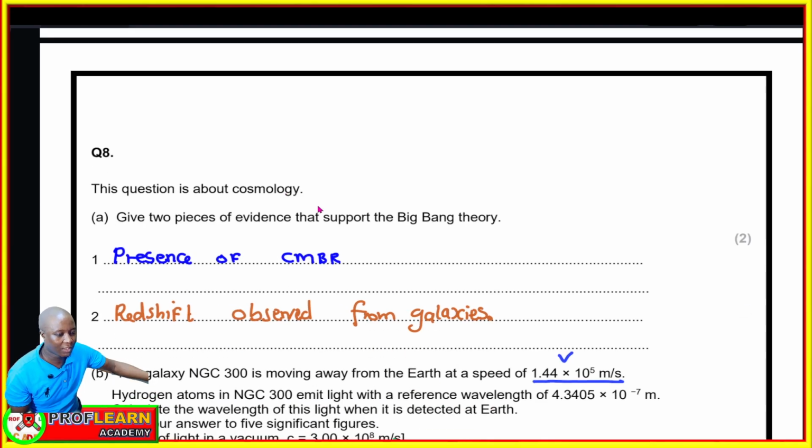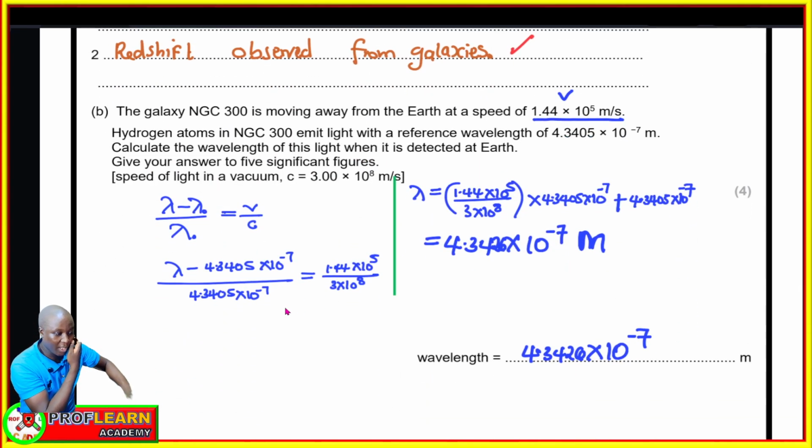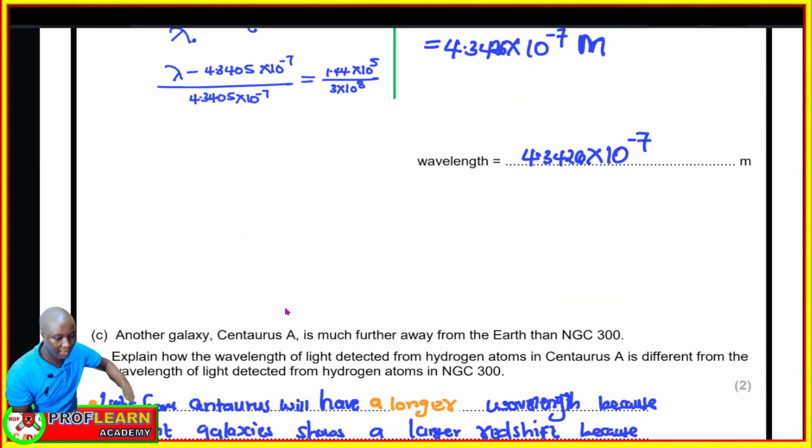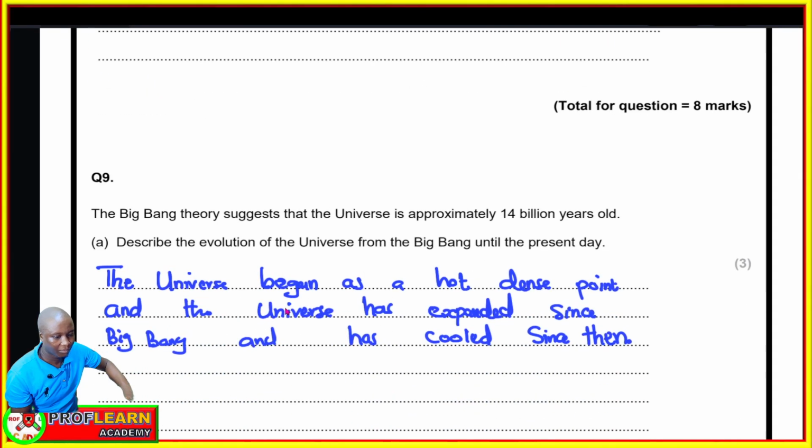Pieces of evidence, this one we are not going to repeat, that's a walk in the park. And application, already we have worked on that. So, the evolution of the universe since then until now.